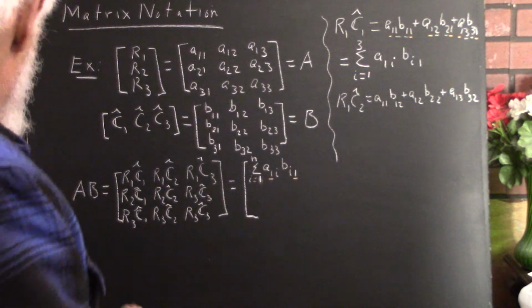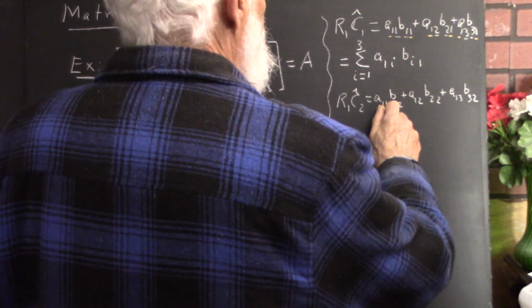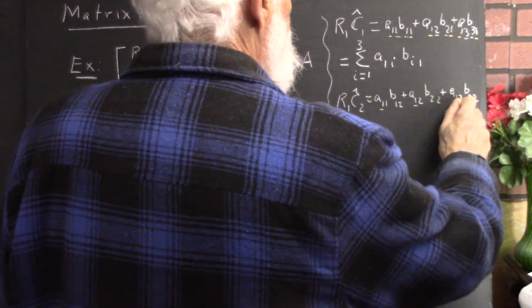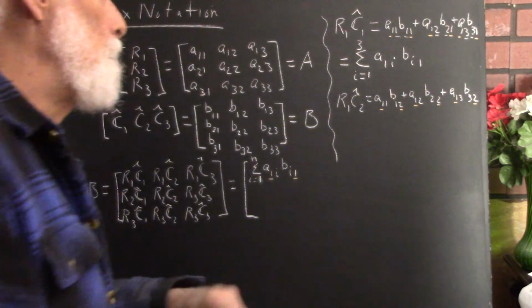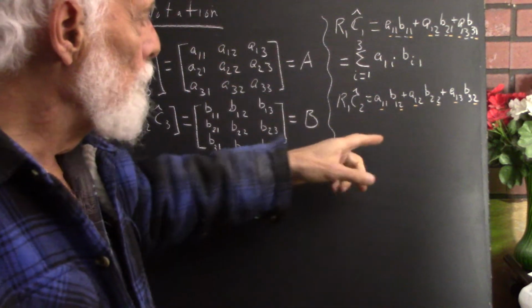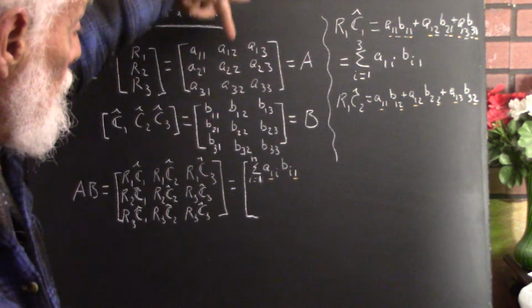Again, we see that the first subscript of the A is always 1, and the second subscript of the B is always 2, because again, we're talking about the first row of the A matrix and the second column of the B matrix.